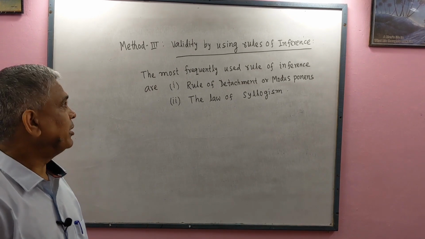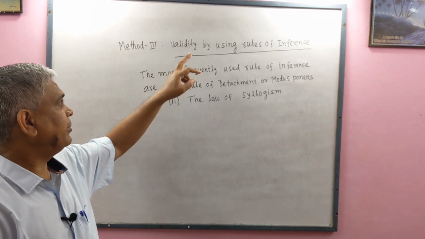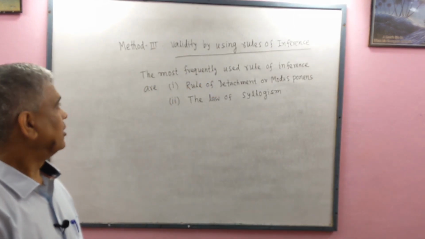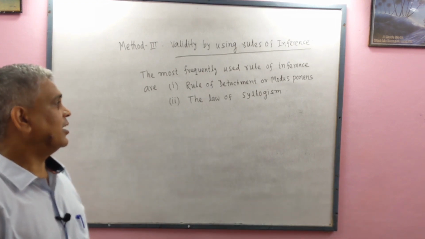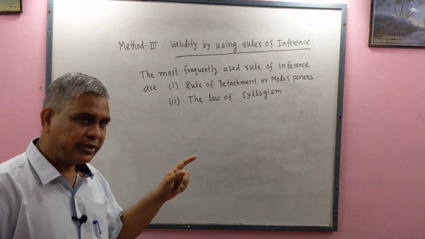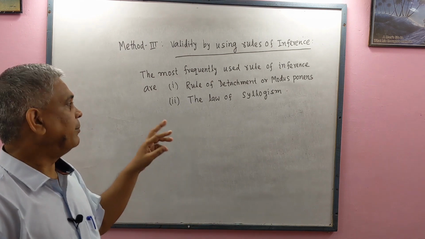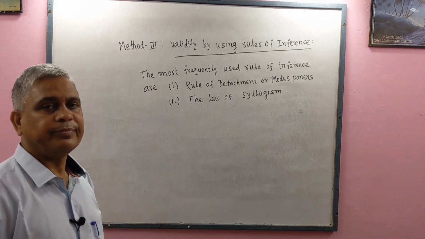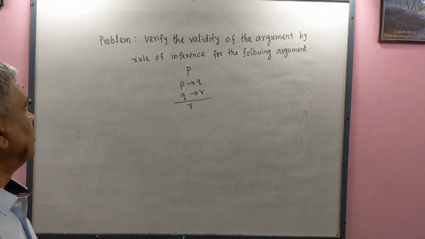Now our method 3 is validity by using rules of inference. The most frequently used rules of inference are: number 1, rule of detachment or modus ponens. Number 2 is the law of syllogism. Now we solve a problem.